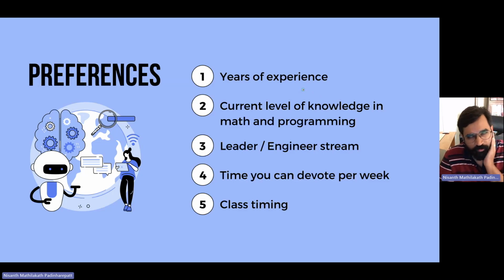If you are not comfortable discussing that, you can skip it. When your turn comes, you can talk about the years of experience you have, or you may skip that also. You can think about this in your head: your current level of knowledge in math and programming. How much knowledge you have in math and programming.